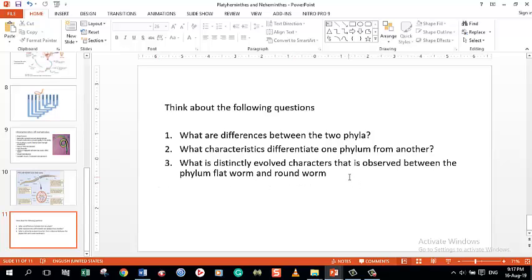Try to think about this answer and note it down in your notebook, or maybe I will give you a space where you can start writing about these questions. Maybe I am going to produce a space for you to write on the VLE.